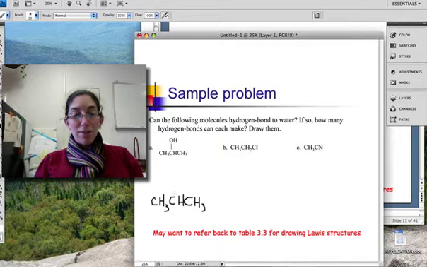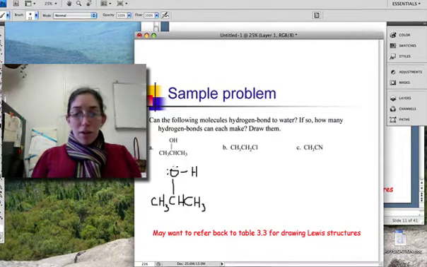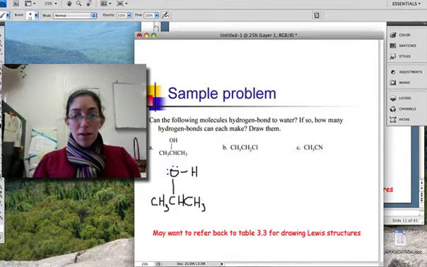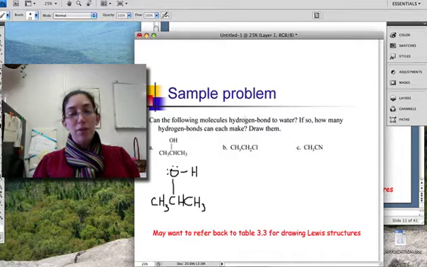There's an oxygen. I'm going to draw the hydrogen out here because I want to draw a little more detail. I want to draw the lone pairs here on our oxygen. Okay? So we want to know, can the following molecules hydrogen bond to water? So yes, this molecule can hydrogen bond because there's an oxygen.